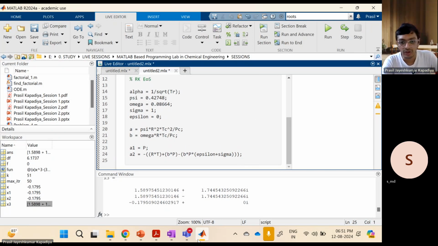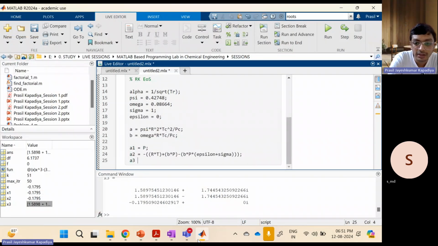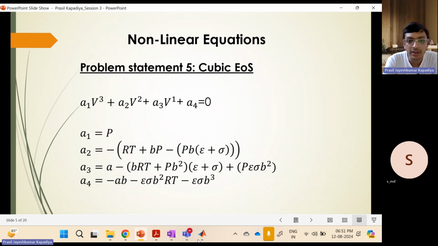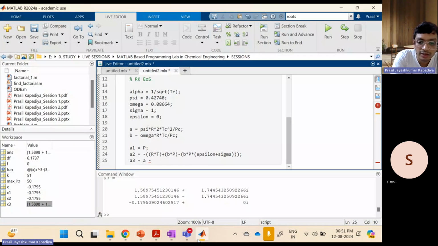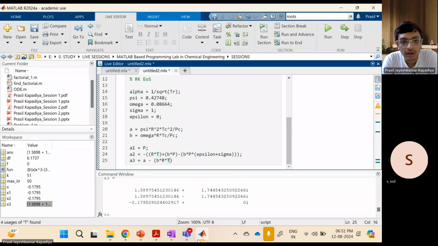Now A3 is equal to A minus B R T. This whole term is in multiplication, so be careful while writing B into R into T, plus P B square.